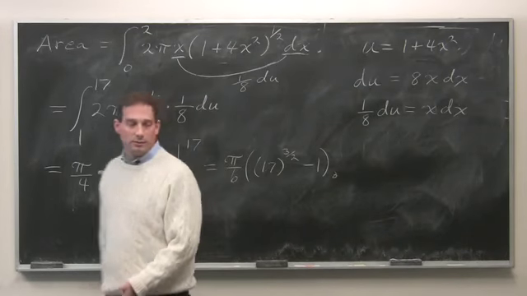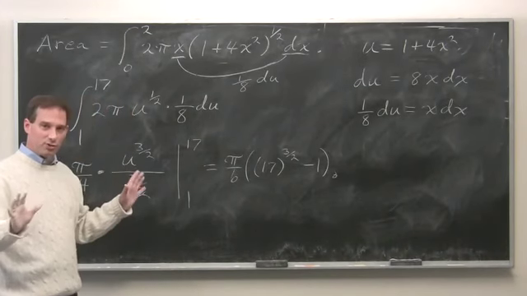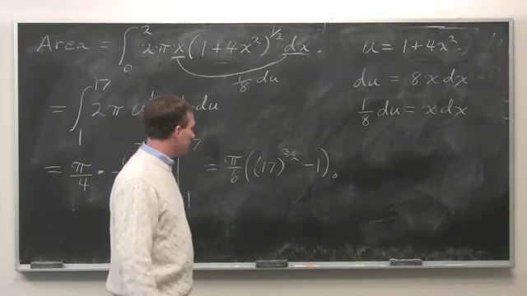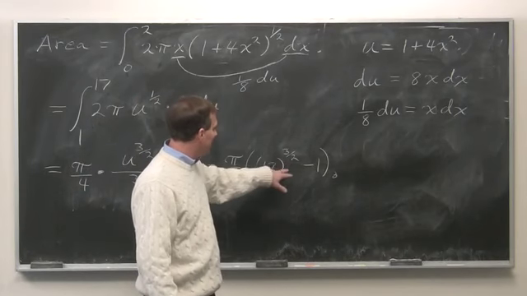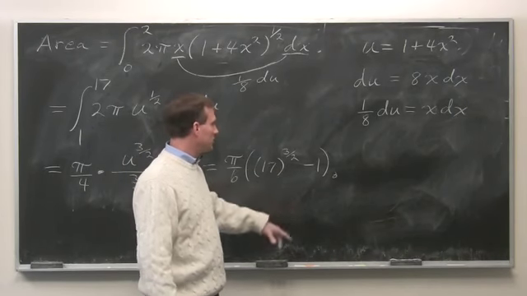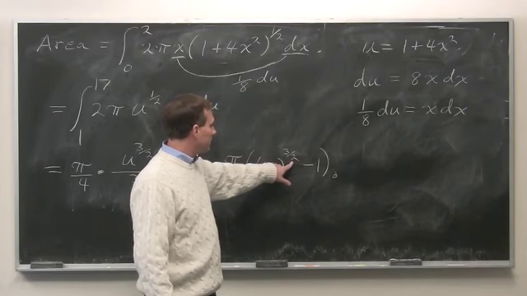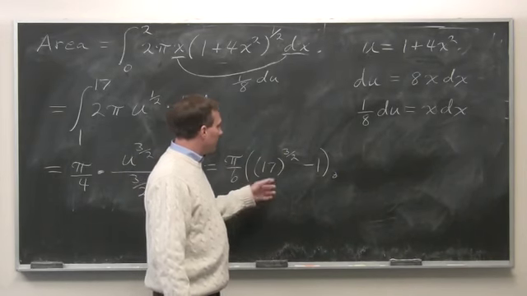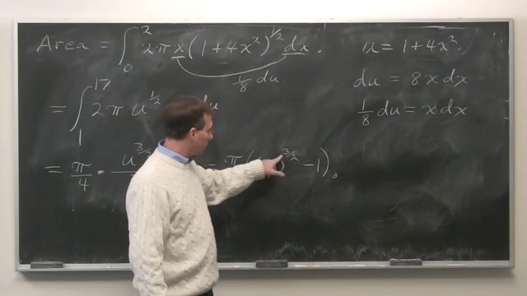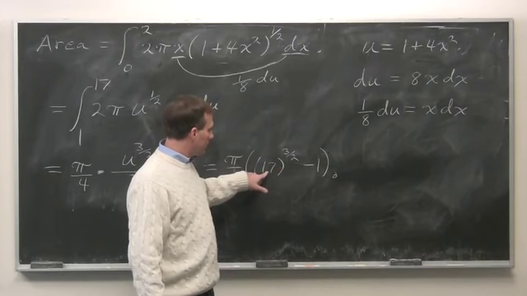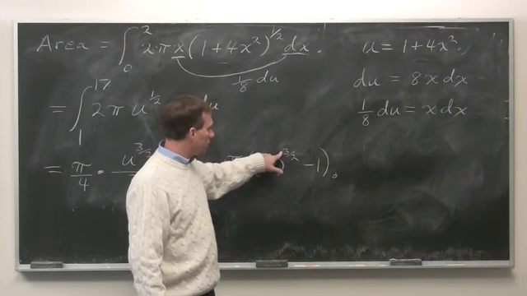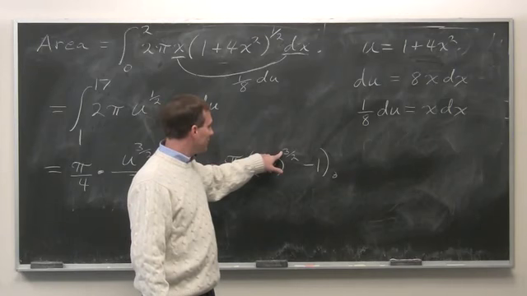That's the surface area. Roughly, if you're just trying to do an approximation in your head, 17 is approximately 16. Then 3/2 would be take the square root and cube it. So roughly, you take the square root of 16, that's 4, cube 4, so that's 64.